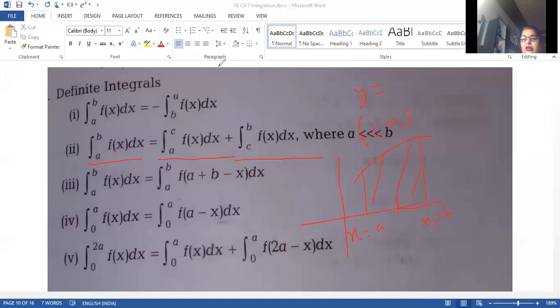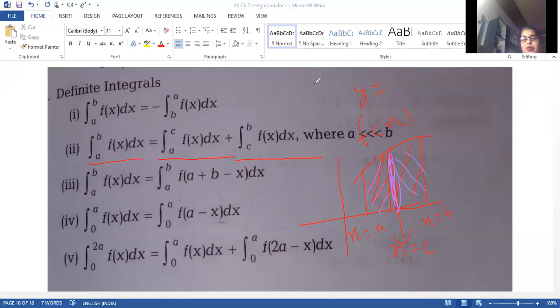Suppose we take a third point, x is equal to c. Can we divide this area into these two parts? This will be your first part, this will be your second part.